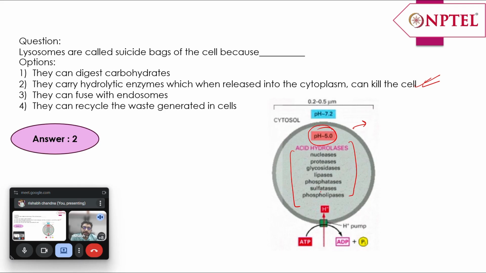Any unwanted product that is present inside the cell is digested or recycled by the lysosomes. If any of these proteins are secreted inside the cytoplasm, will it affect the normal conditions? This is a question to you all.